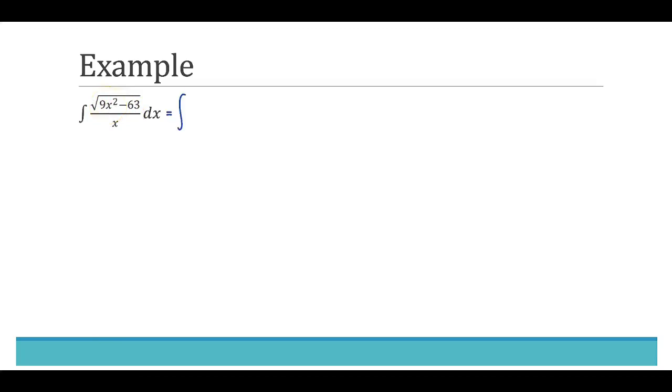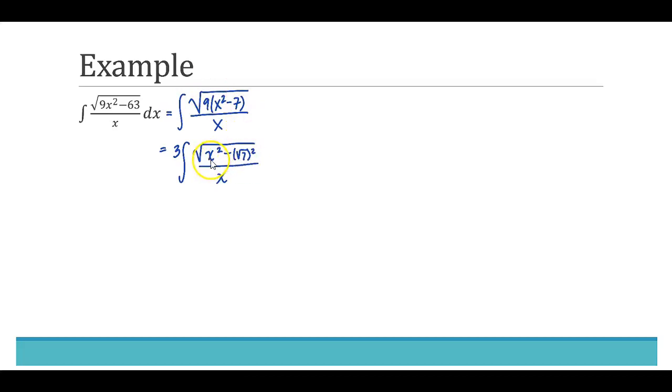So what I'm going to start doing is factoring the 9 out of each term here. So I have the integral of the square root of 9 times x squared minus 7 over x. And because I created a product, I can take the square root of each part, so the square root of 9 is 3. So I can take the 3 out. And now I have the square root of x squared minus radical 7 squared all over x. So I typically have perfect squares, but I don't have to.